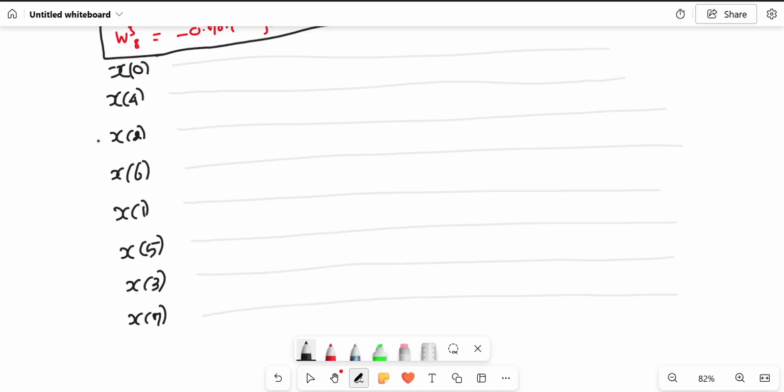So the input should be in the bit reversal order.